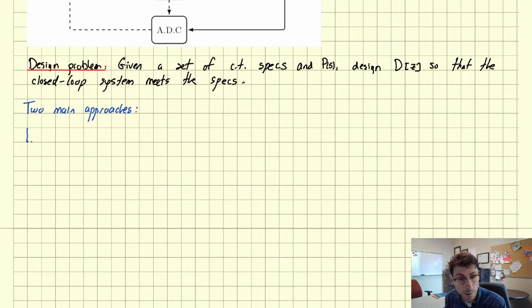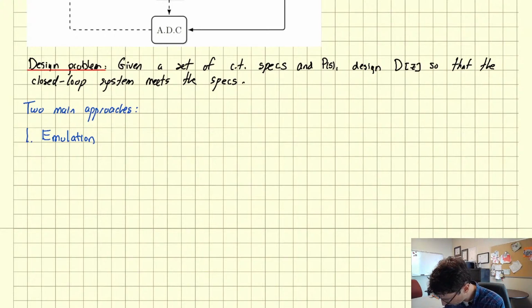The first is called, the jargon is emulation. And roughly speaking, in emulation, you do kind of what you did in your third year course. You ignore the interface elements. You ignore the A to D. You ignore the D to A. Design a continuous time controller, C of S, and then you discretize to implement.